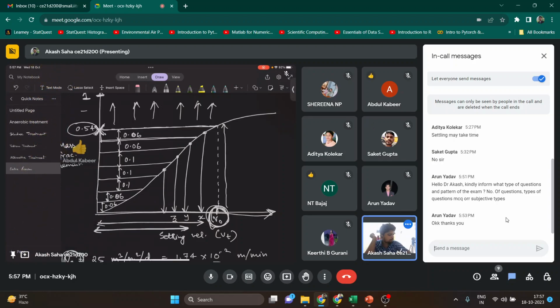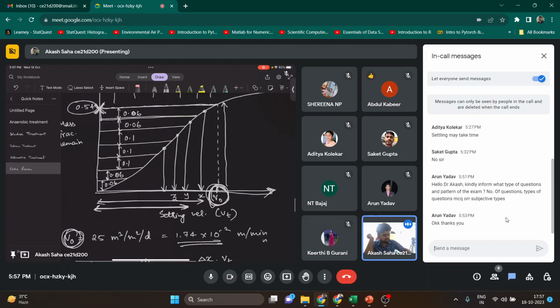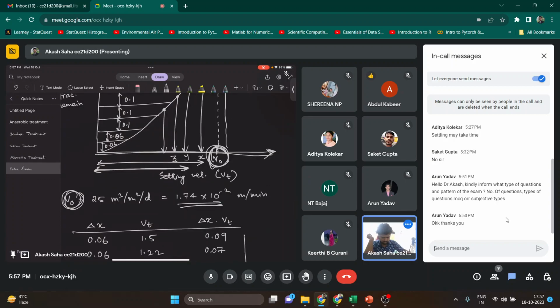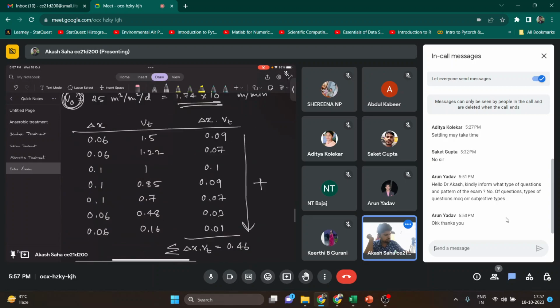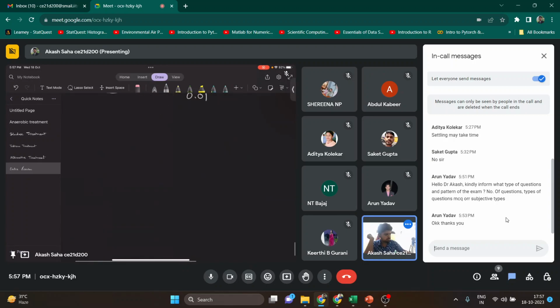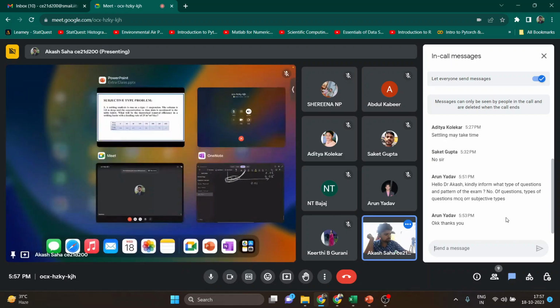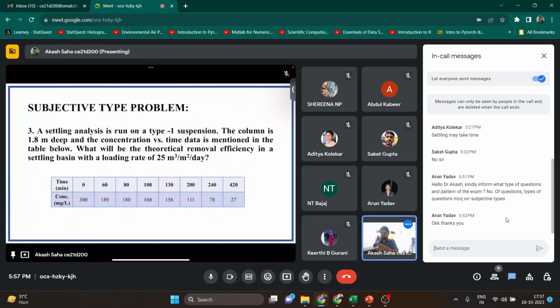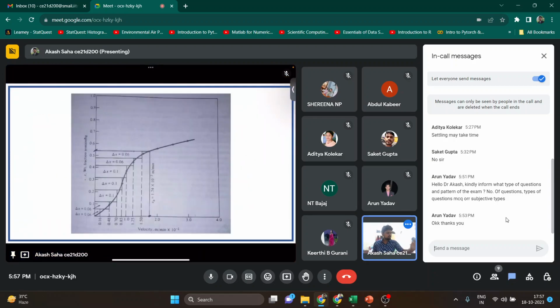Okay, we will see the next problem now. Yeah, so this was the curve. I have made this picture also.